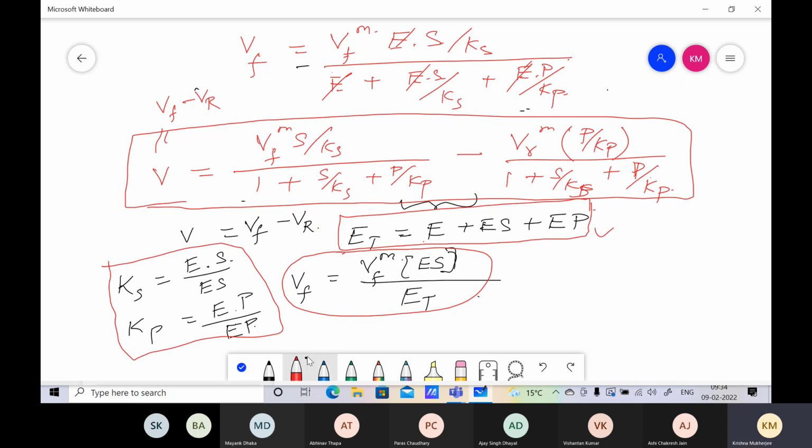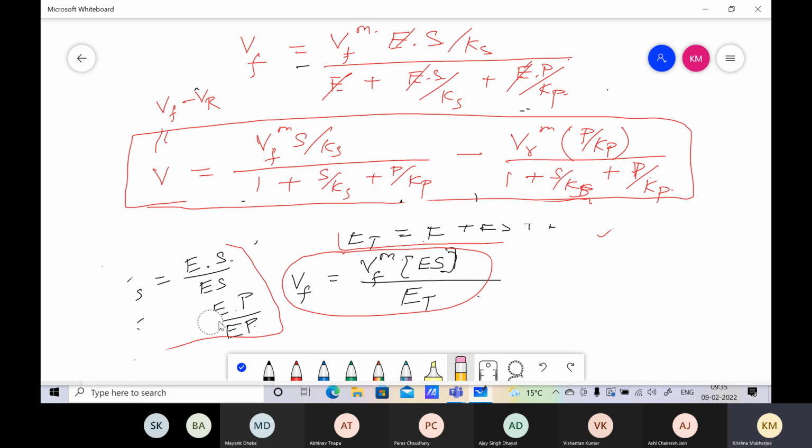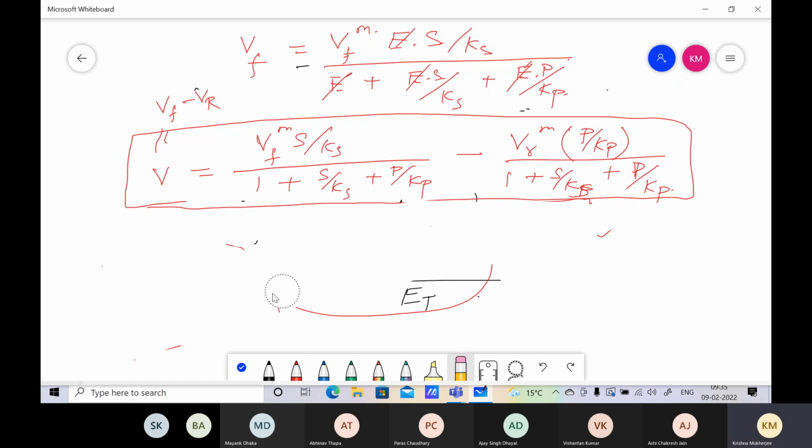The way to simplify this is to remember that these are also equilibrium relationships, and so I will bring in what is called the Haldane equilibrium relations.